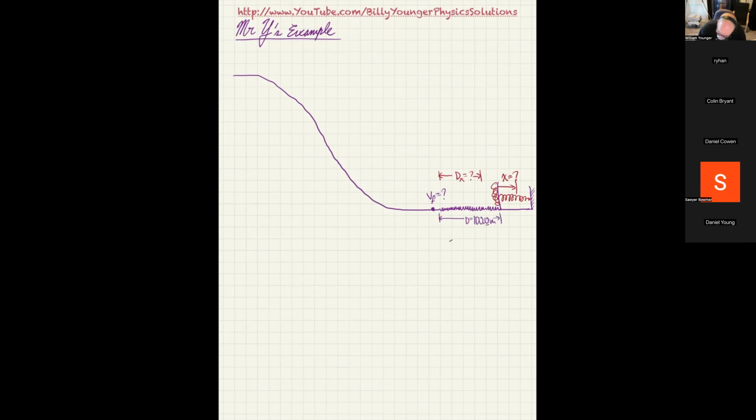And I'm going to say mu kinetic is 0.40 there. I'm also going to say that this spring has a constant given by K equal to times 10 to the fourth newtons per meter.